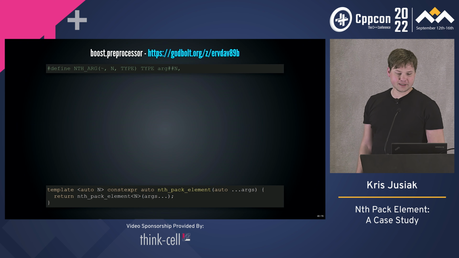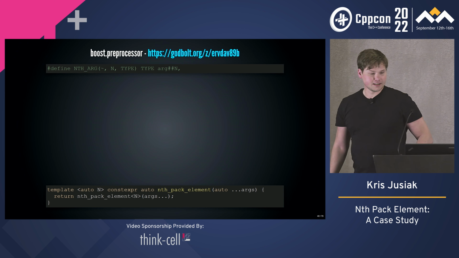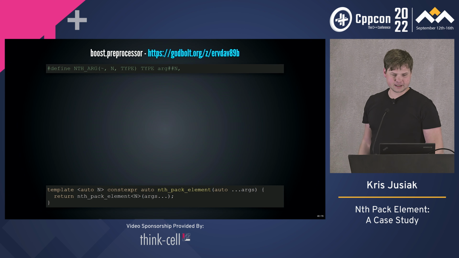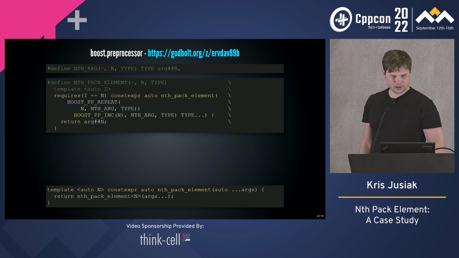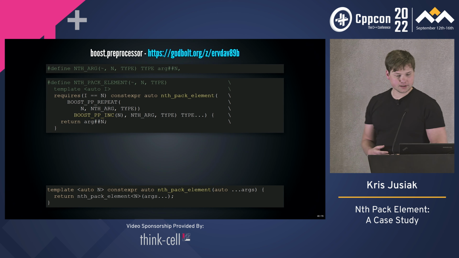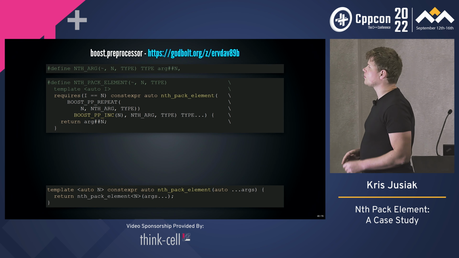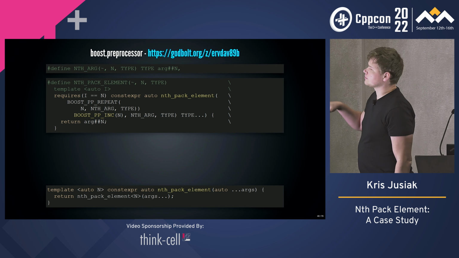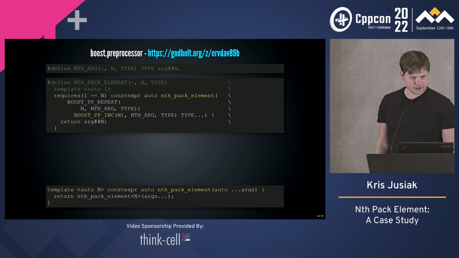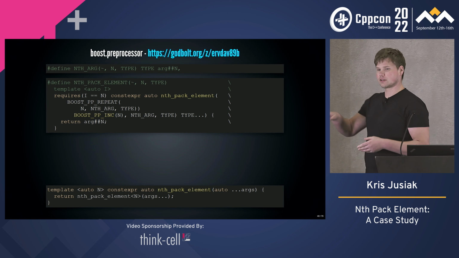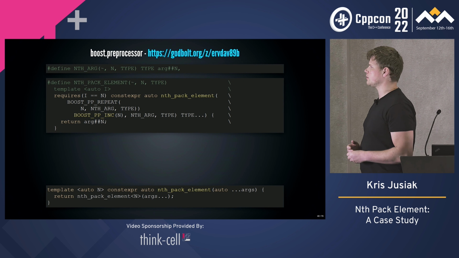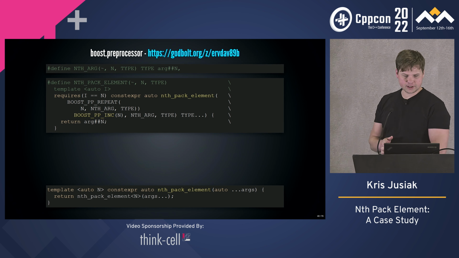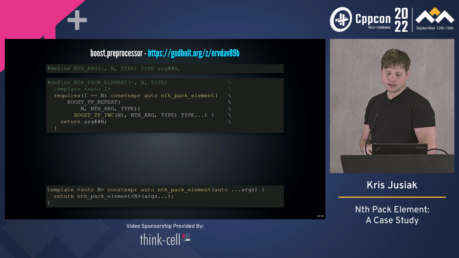So we start with the nth arg. The first sign here is just to ignore the arguments because they have to be passed. So then we do nth pick element. That's a macro which generates that function somehow with the Boost PP_REPEAT, which has a limit associated with it. I think it's 1024 or 256, depending on the version of Boost. It's not unlimited.